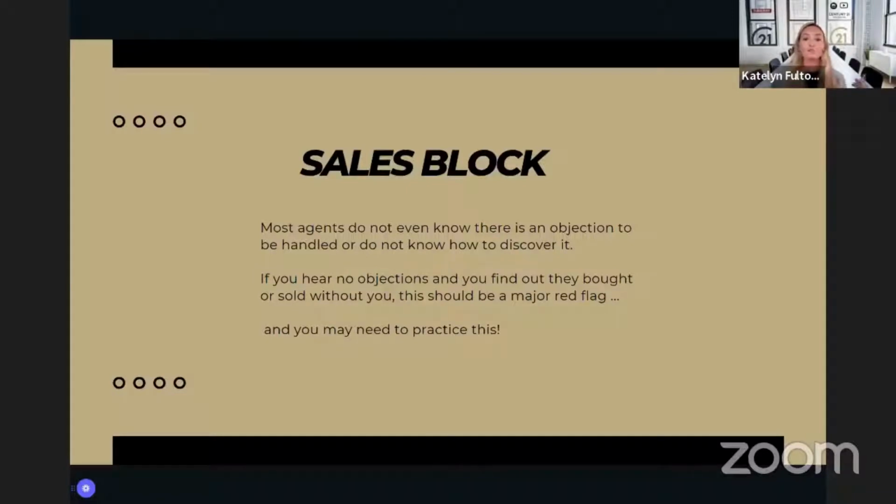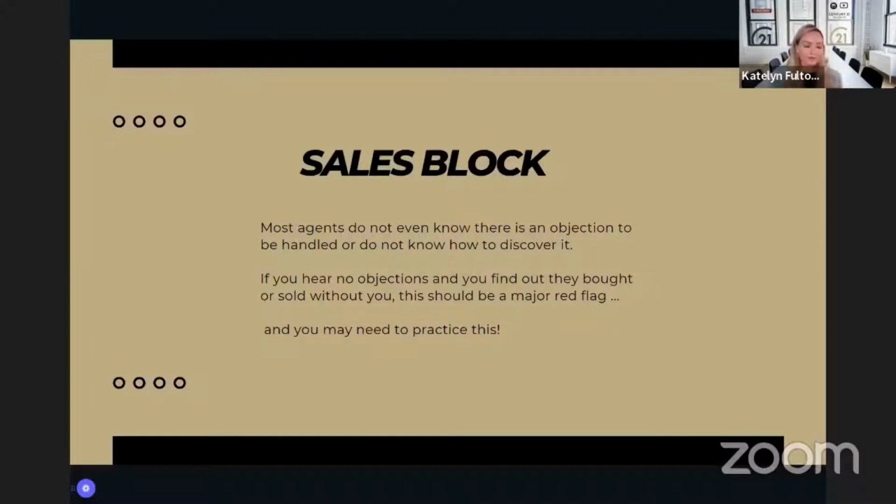If you hear no objections, and let me know if you've ever experienced this, and then you found out that the client you were working with or talking to bought or sold without you, this should be a major red flag, because there was an objection sitting in front of you that you didn't know about because you didn't put in the effort to find it. If you're not hearing the objections and they decided not to hire you, you really need to look into what types of questions you're asking these people and what conversations you're having.